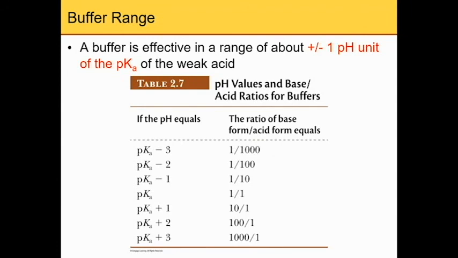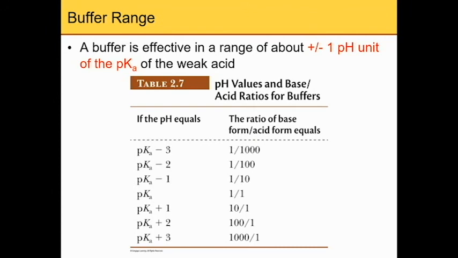And now, if the acid is 10 times more than the base, you have 10-to-1, therefore the pH would be pKa plus log 0.1, all right? Therefore, log 0.1 is minus 1, so that'll be pKa minus 1, okay?